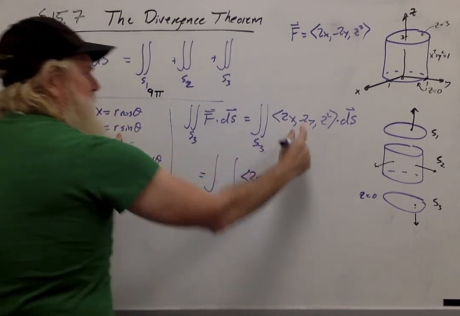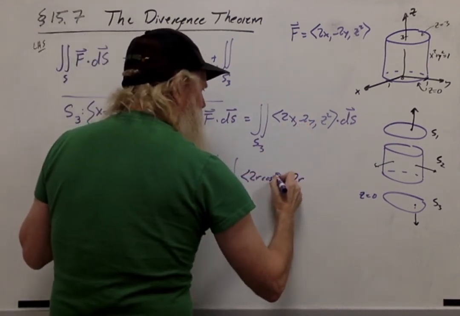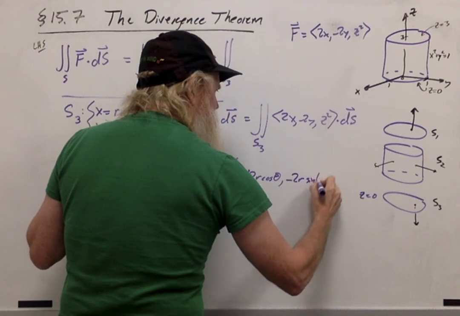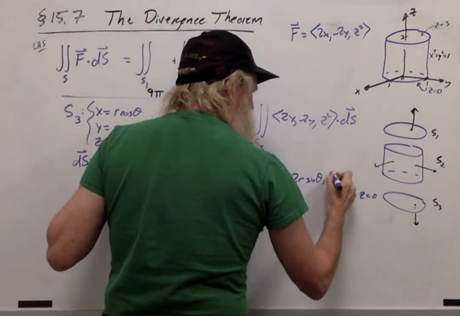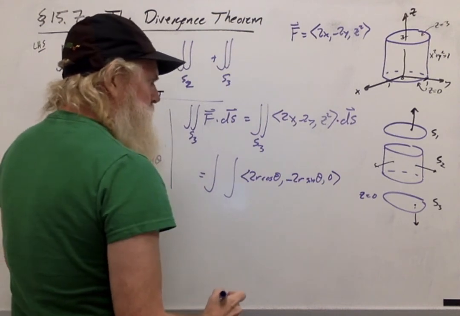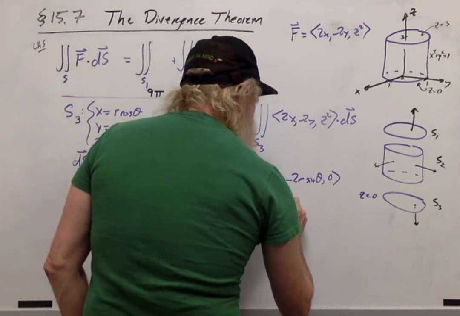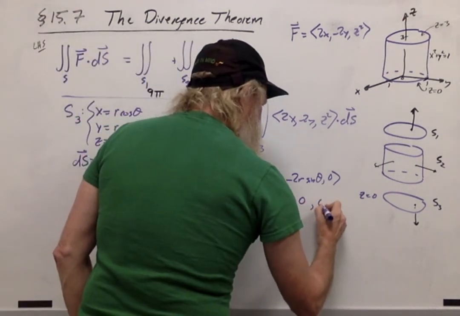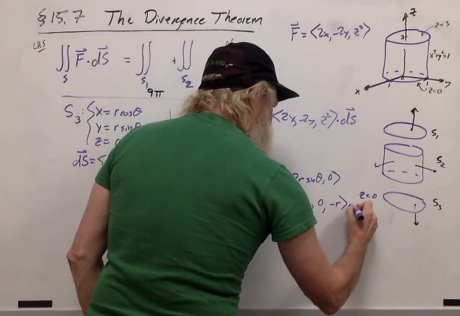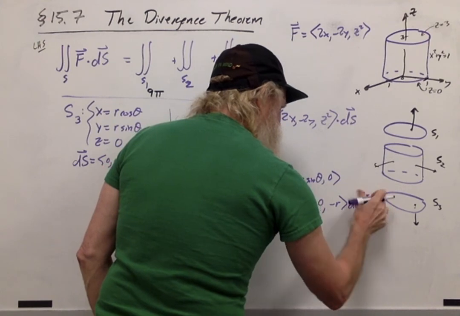Y is r sine theta, so negative 2r sine theta. And z is 0, so that means that z squared is 0. And then I have to dot that with dS, which is 0, 0, negative r dr d theta.